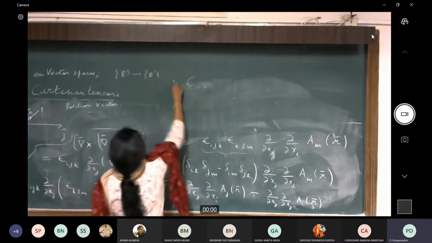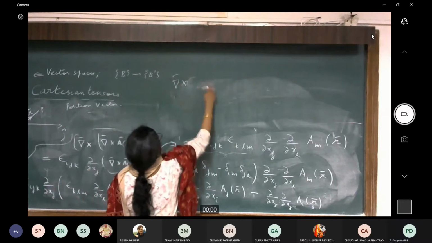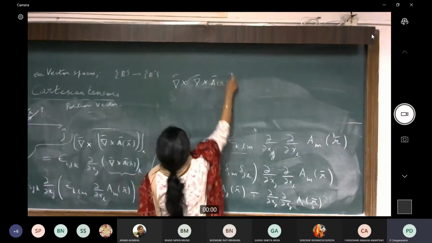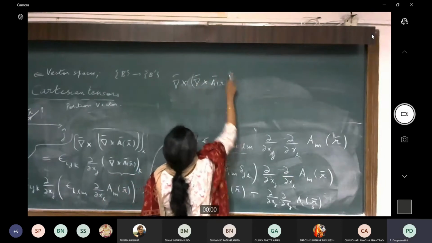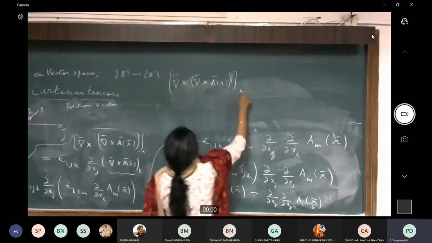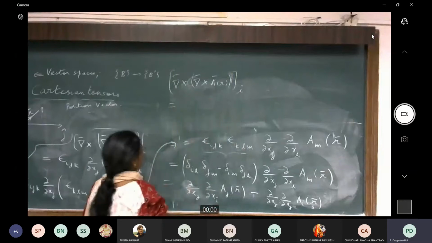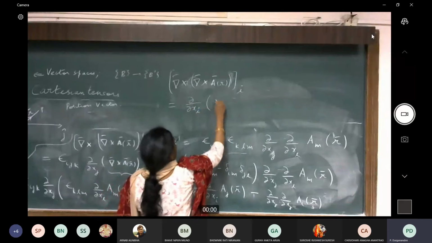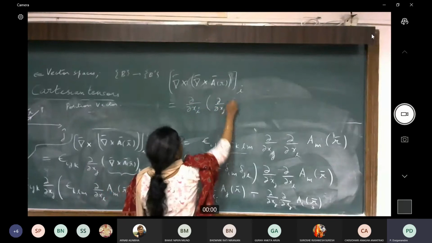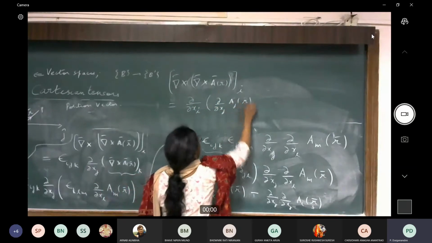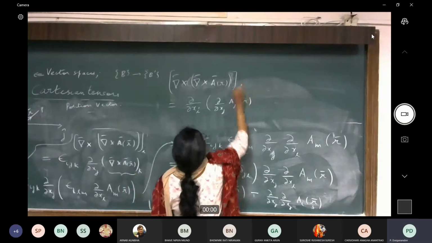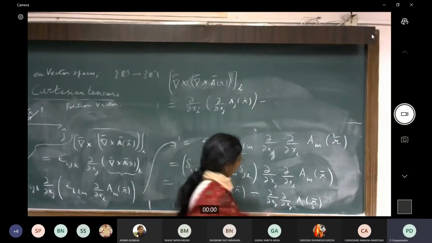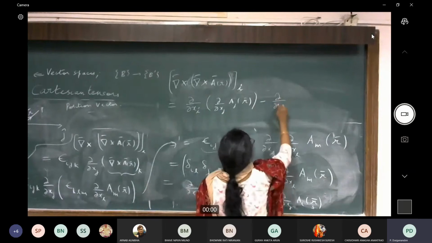So I can then write my del cross A of r, the ith component of this object, as equal to del by del x_i of del by del x_j of A_j of r. So this is the ith component, okay? Minus of, okay, so let's write it. I'll write it first and then we'll see.